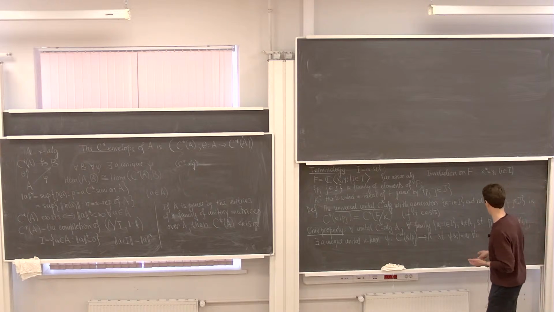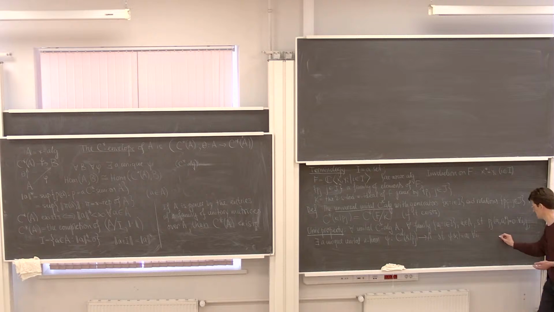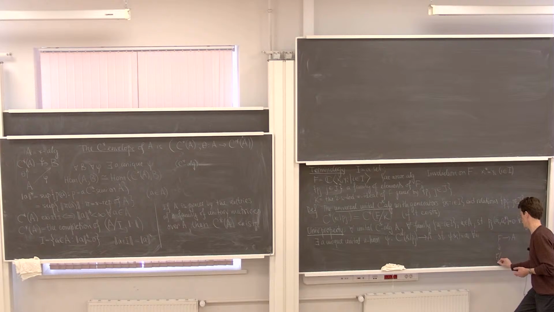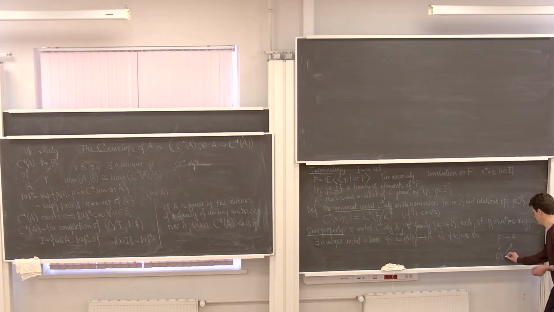And now, this property implies that this homomorphism from F to A factorizes through the quotient of F modulo K to A. And now, since A is a C-star algebra, we simply use the definition of the C-star envelope and extend this to the C-star envelope. And this is our homomorphism psi. So basically, this universal property follows from the definition of the C-star envelope and from the universal property of the free algebra.